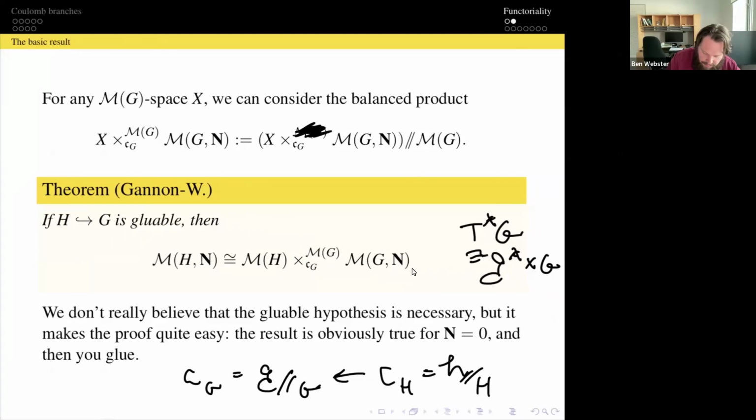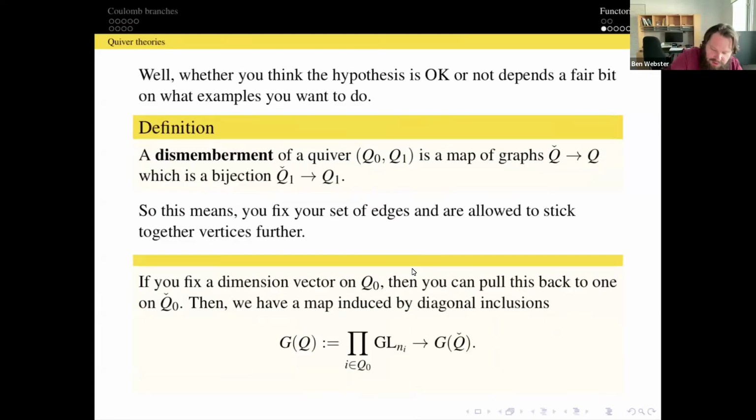Okay, so what situations do I want to apply this in? It's a nice general theorem, but there was a reason that Tom and I were doing this. There was a specific problem we wanted to solve. So we have this slightly annoying glueability hypothesis, but it's not that bad in practice.